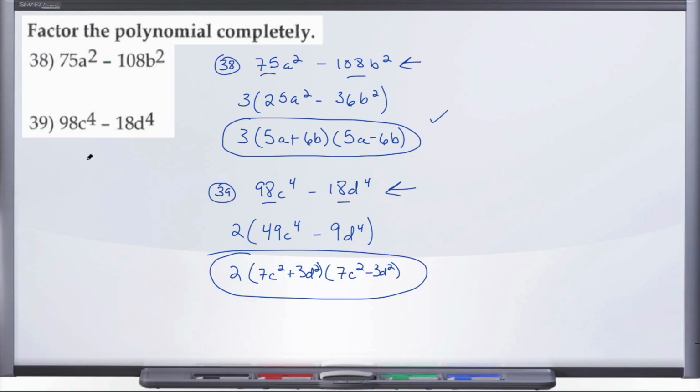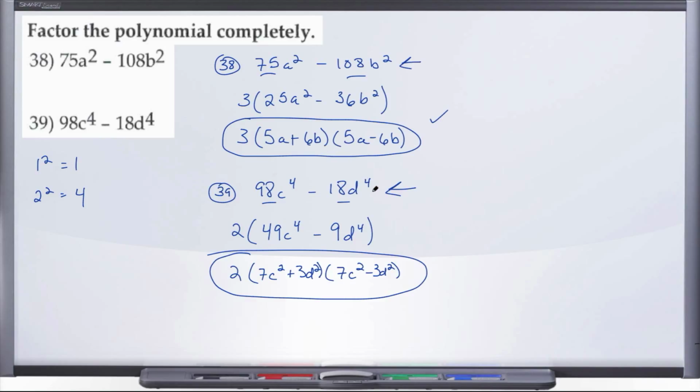You'll remember in a previous video we listed all the perfect squares. 1 squared is 1, 2 squared is 4, so on and so forth. So if you know that list, and you really should memorize 1 through 10, you'll know that 98, 18, 75, 108, those are not perfect squares.